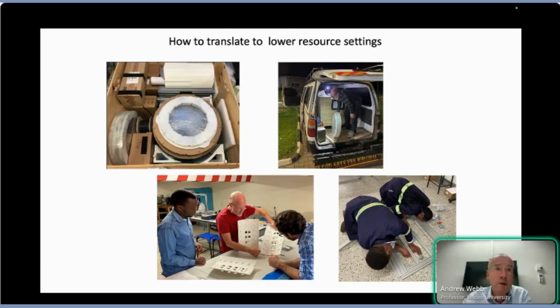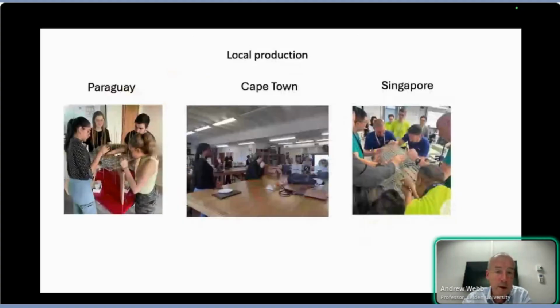But of course, it's not a sustainable approach if we're going to look at hundreds or thousands of units within low middle income countries. So we take that one step further and say, how about just local production? So we don't ship things, but there are facilities: Josh Harper in Paraguay, Stephen Jeremy and Anesta Meinches in Cape Town, and then Xiaoying Huang in Singapore.